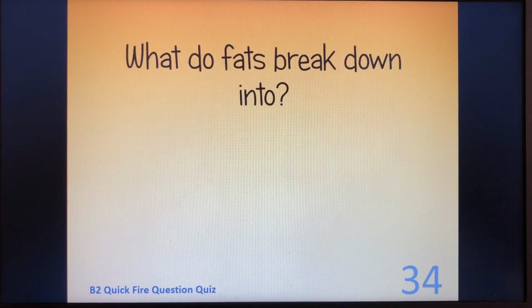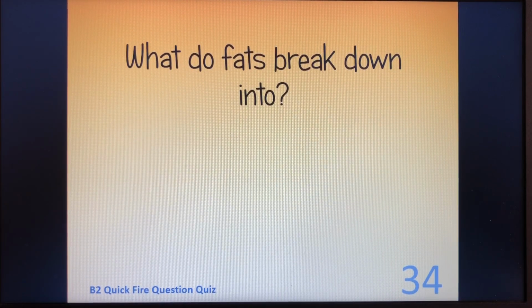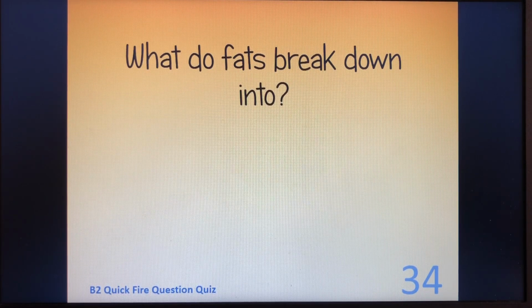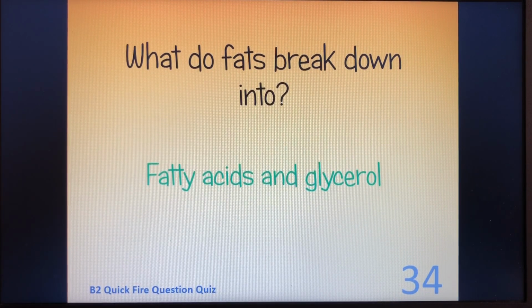Okay, question 34. What do fats break down into? We've got 2 answers here. And the answer is fatty acids and glycerol.